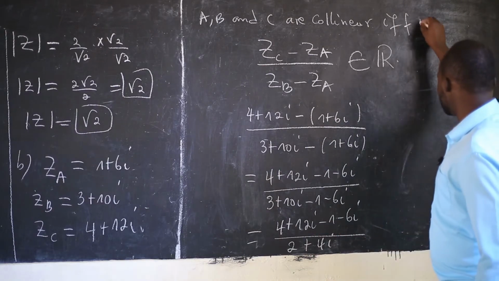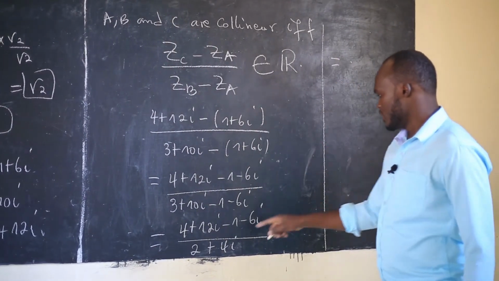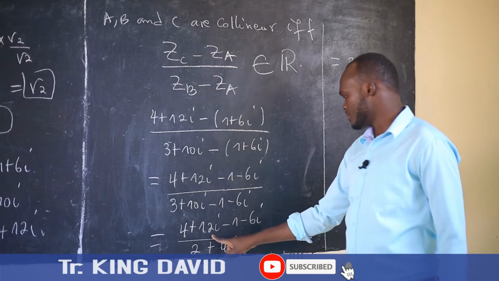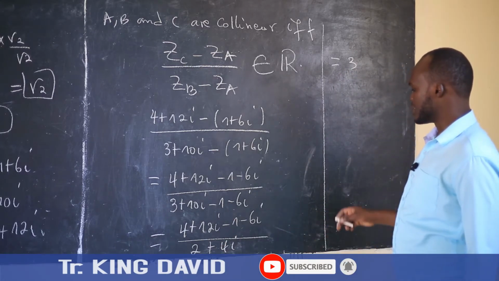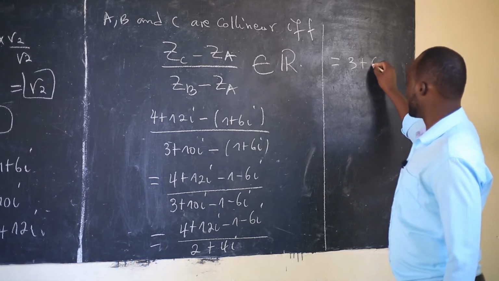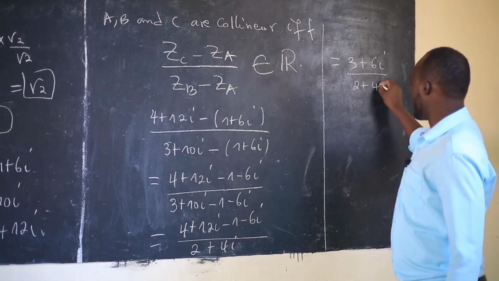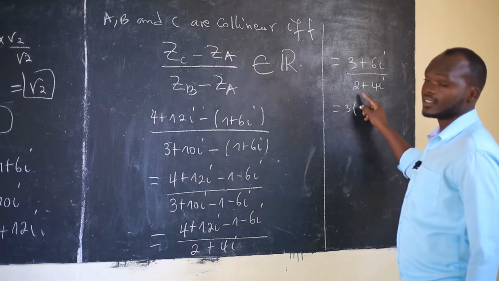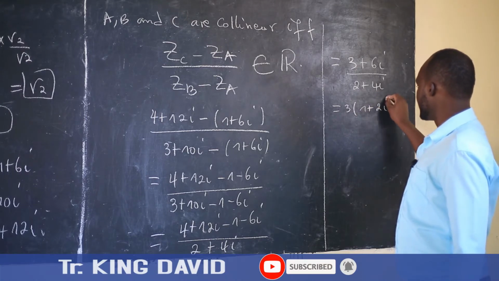So now the answer is 4 minus 1, that is 3, and 12i minus 6i, that is 6i, divided by 2 plus 4i. We can take 3 out of the bracket and remain with 1 plus 2i.